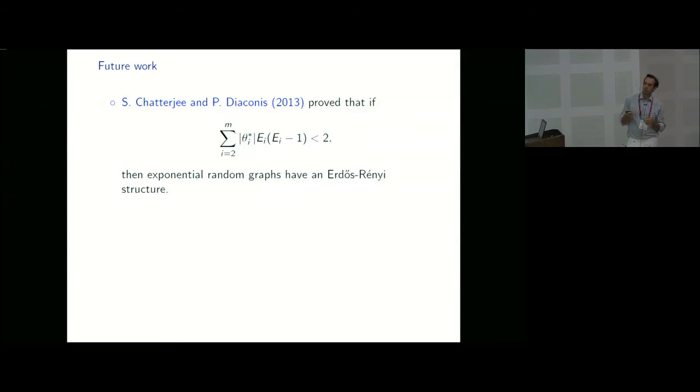But Chatterjee and Diaconis managed to find a region of these parameters where graphs drawn from this canonical ensemble have an Erdős-Renyi structure, and this is when this inequality is met. And here we see that θ2, which is the triangle parameter, can also take negative values, and E of i denotes the number of edges in the corresponding subgraph. So if you have the edge triangle model, then this is θ2 times 6.